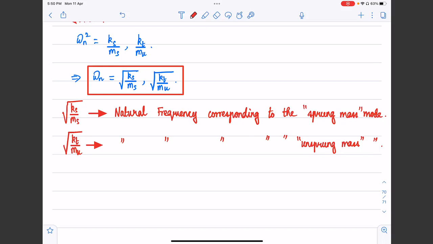If omega n1, which is square root of ks by ms, is of the order of 1 hertz, omega n2, the second natural frequency, square root of kt by mu, will be of the order of 10 hertz. That's point number 1. So it's very unlikely that they are going to become the same.